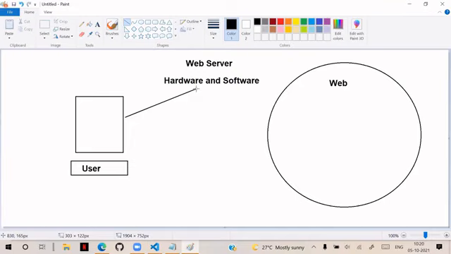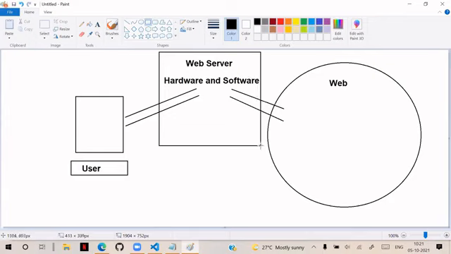Web server is responsible for handling the communication. That means I make a request. That request will first go to web server. Web server will process the request, get the information from the web, and send the response back to you. So web server is responsible for handling the request from the client, processing that request and sending a response. Web server resembles both hardware and software. That means actually this work is maintained by a separate computer.